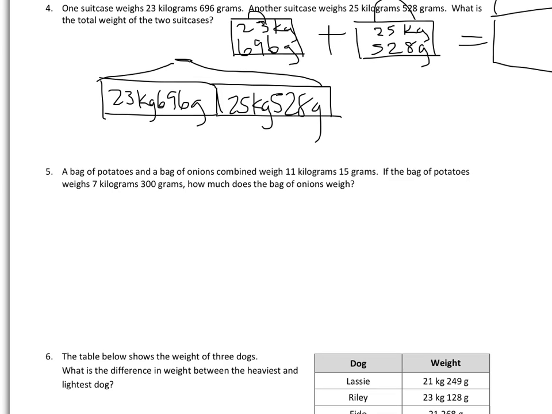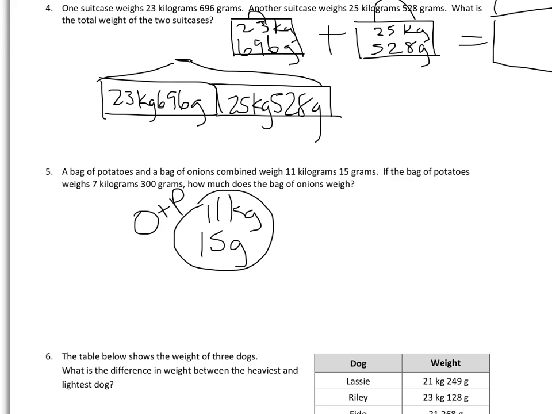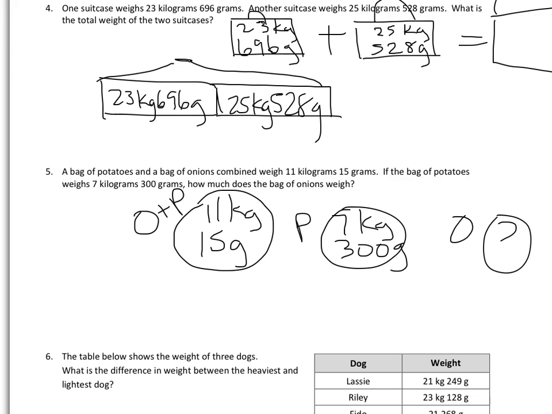So here we have a bag of potatoes and a bag of onions has a combined weight of 11 kilograms and 15 grams. And remember, this is both onions and potatoes. If the bag of potatoes weighs, so just the potatoes, 7 kilograms and 300 grams, we want to figure out how much the bag of onions should weigh.